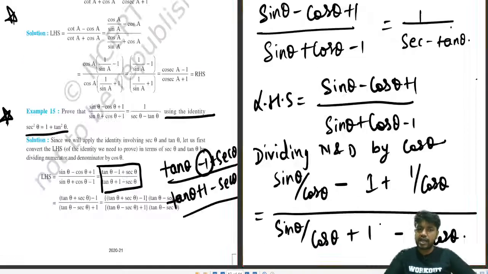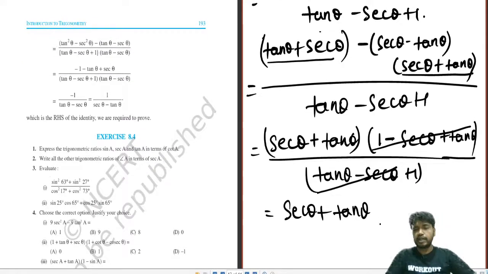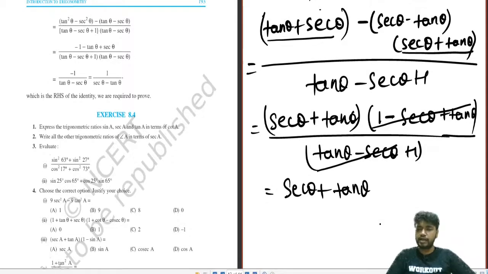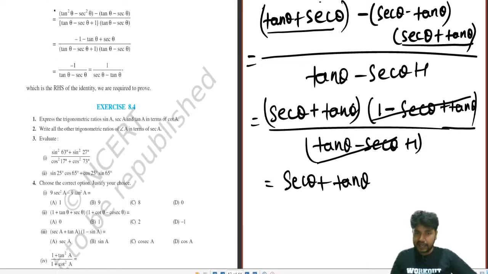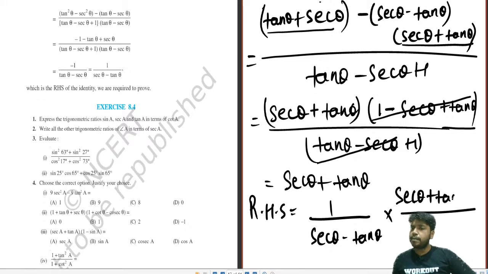And looking into the last page, we have to prove that it is 1 by sec theta minus tan theta. So we have to do one more thing, that is to extend the sum, or we can do it here only. We can take RHS. Now RHS is given as 1 by sec theta minus tan theta. We will do the rationalization part, obviously that is not really rationalization, but we have to do it.